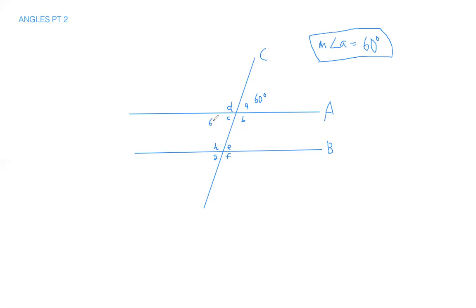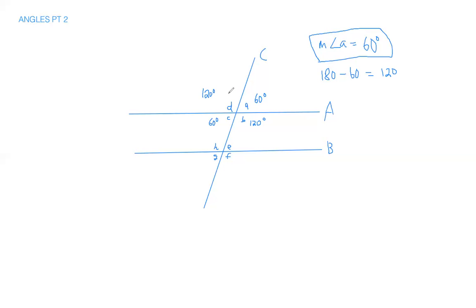So we also have that angle C is equal to 60 degrees. Now, we know that a straight line also has a straight angle, which is equal to 180 degrees. So if we do some math to find angle B, we would do 180 minus 60, which will give us 120, and thus angle B will be 120 degrees. Now, by the same vertical angle rule, we have that angle D is equal to 120 degrees as well.